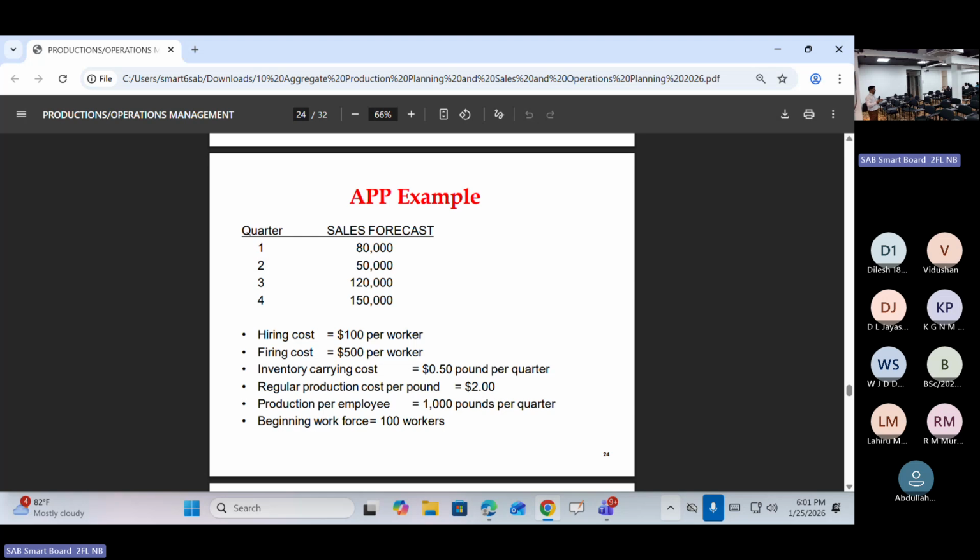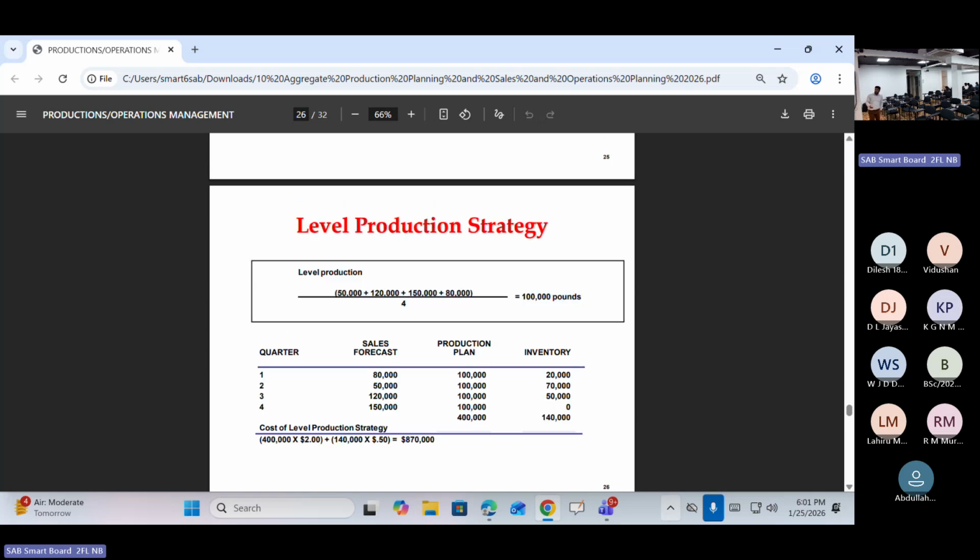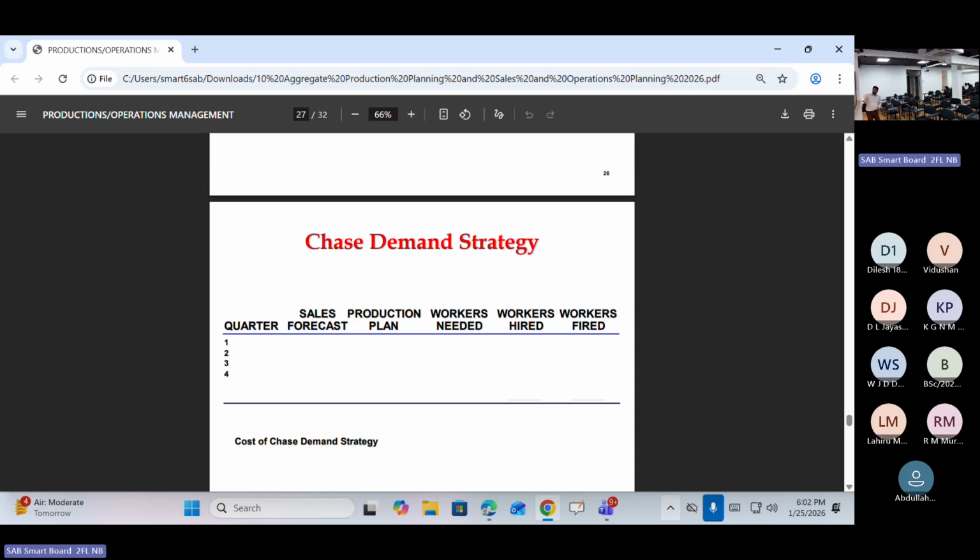Assuming that they are selecting the chase demand strategy, how the production plan would look like. That means production rate, workforce size, and inventory. We selected a simple example. So let's quickly move to slide number 27.